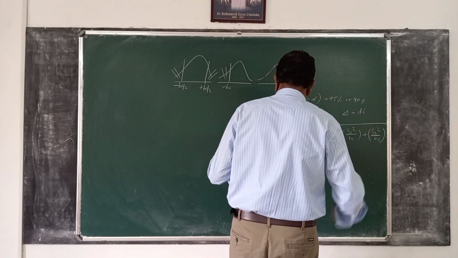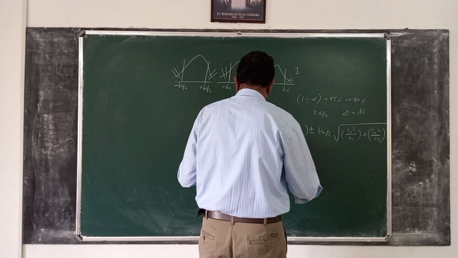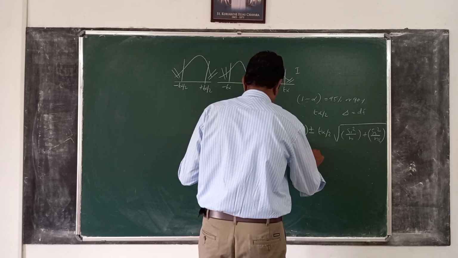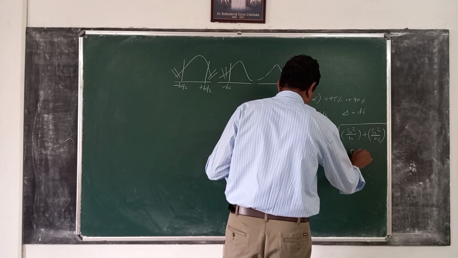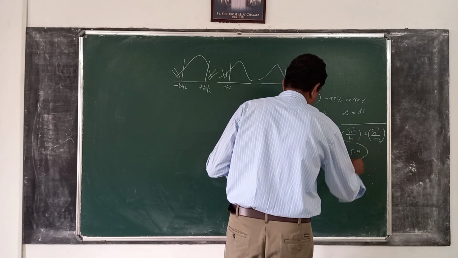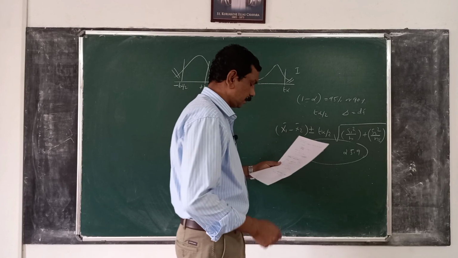Now, in our case, a 90% confidence interval is minus 121.5 to minus 25.9, using the values.